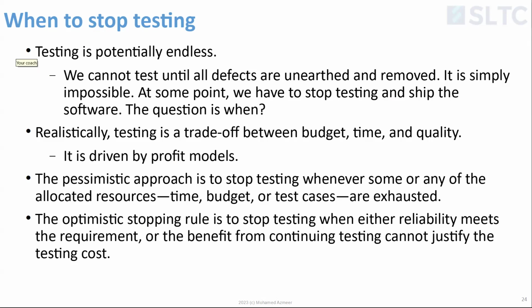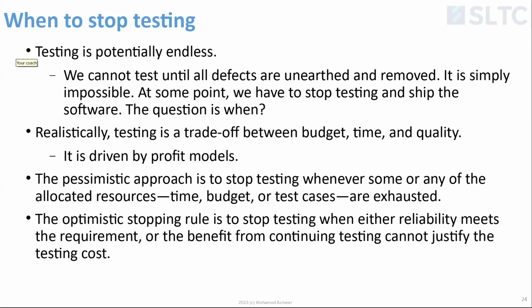Then we have pessimistic and optimistic views. The pessimistic stopping rule is to stop testing when some or any of the allocated resources are exhausted. Like we're given some resources, are they still there? Are they exhausted? Optimistic is to stop testing when either reliability meets the requirement or the benefit from continuing testing can justify the testing cost, right?